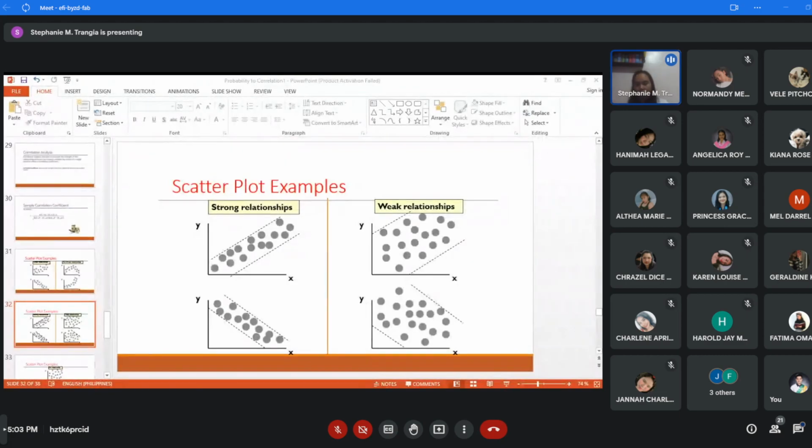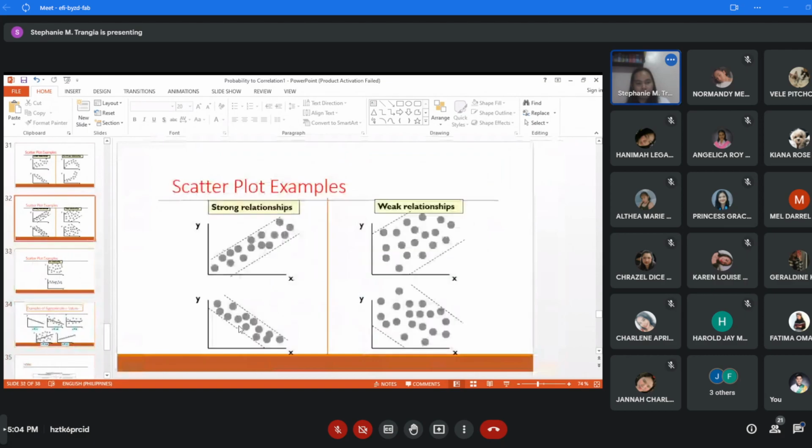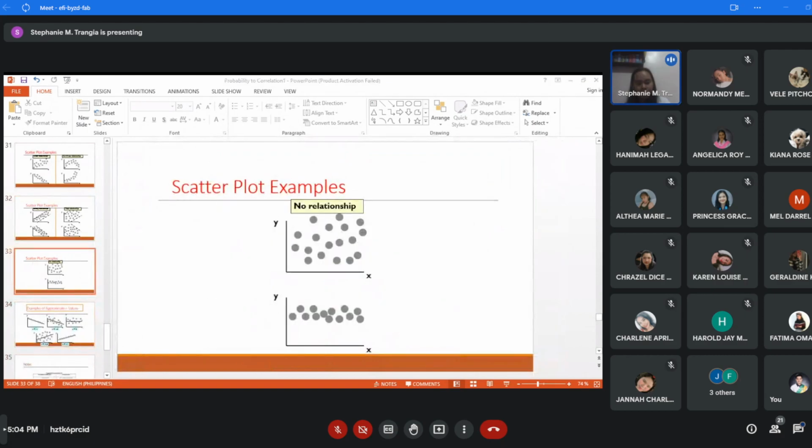Whereas if the data points have an upward or downward trend but are quite scattered, the relationship might be weak. If it follows a horizontal line, or there is no pattern at all, then there is no relationship between the two.